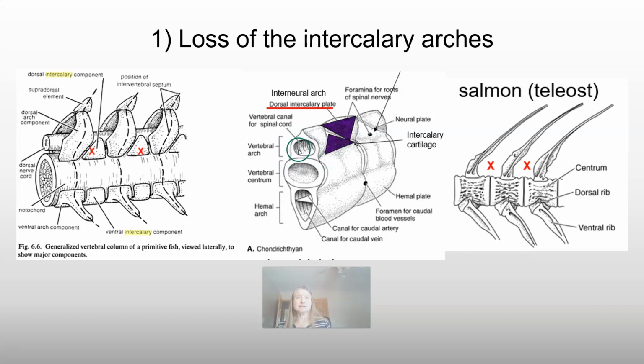I do like neural because it gets us back to it surrounding the spinal cord, or the dorsal nerve cord. Here we have the neural arch, and then we have dorsal intercalary plates here. So these are the plates that we have. And again, in the teleosts, we lose those components.